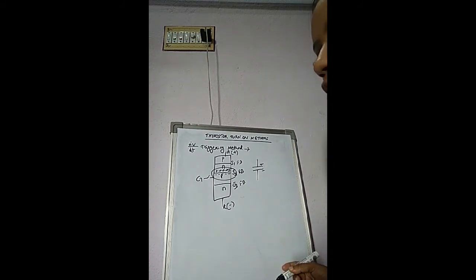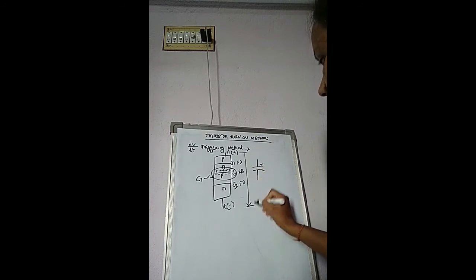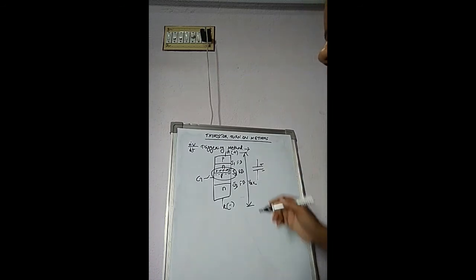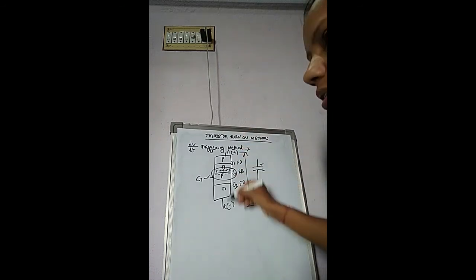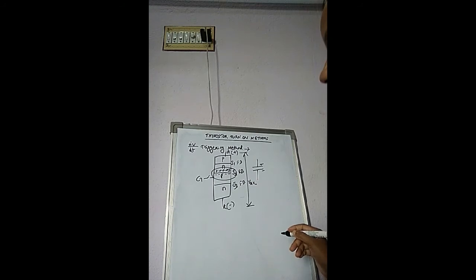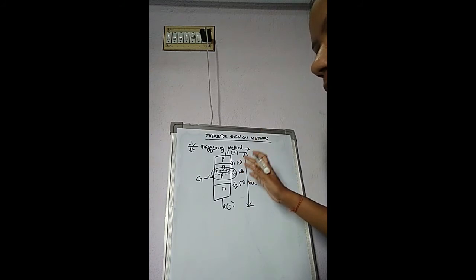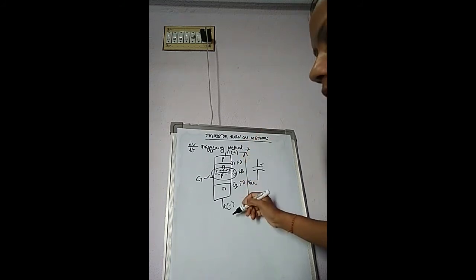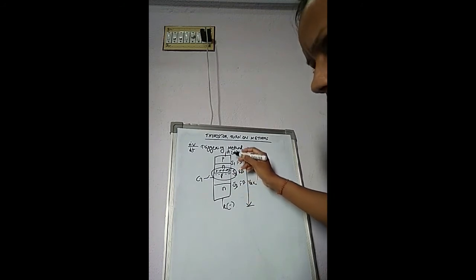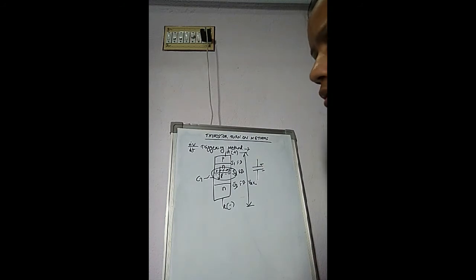If the forward voltage is suddenly applied, a charging current will flow through this device, tending to turn on the device. How? If we suddenly apply a forward voltage across anode and cathode, a charging current will flow through this junction.